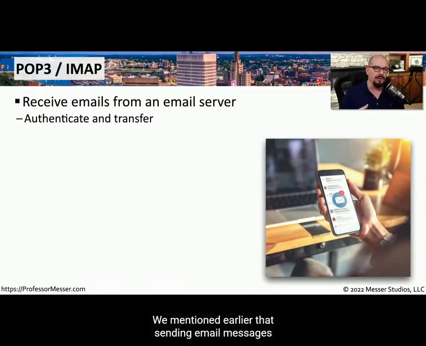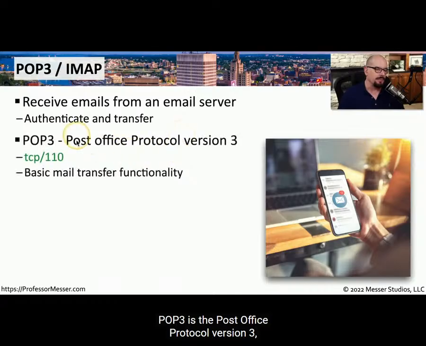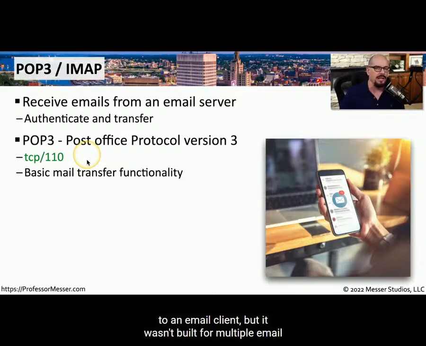We mentioned earlier that sending email messages can use SMTP, or the Simple Mail Transfer Protocol. But to receive email messages, you would commonly use POP3 or IMAP. POP3 is the Post Office Protocol version 3, and it commonly uses TCP port 110. POP3 was designed to retrieve email messages to an email client, but it wasn't built for multiple email clients.